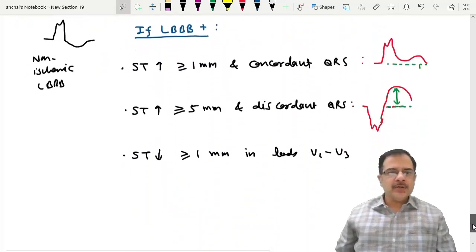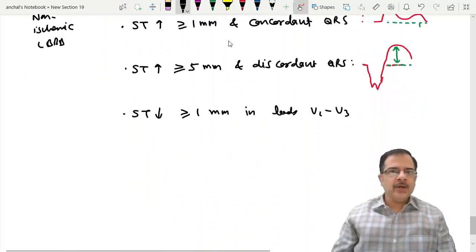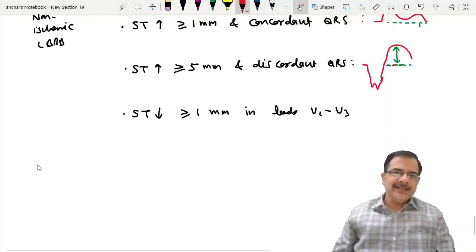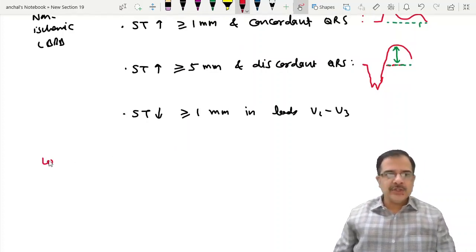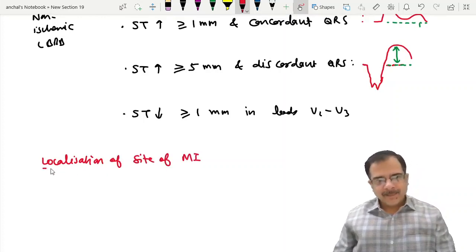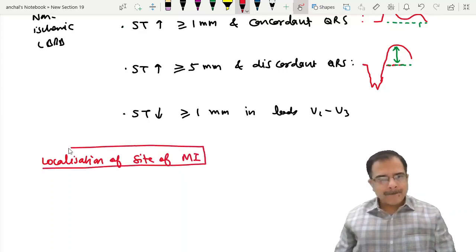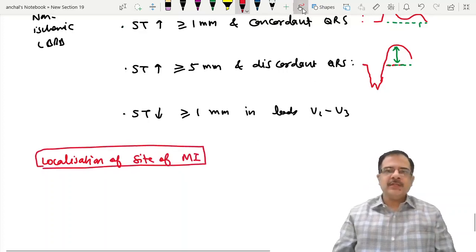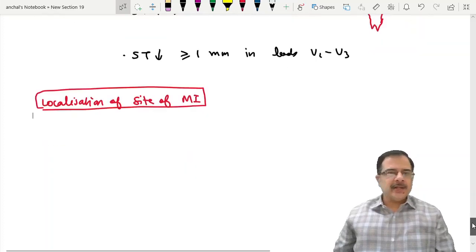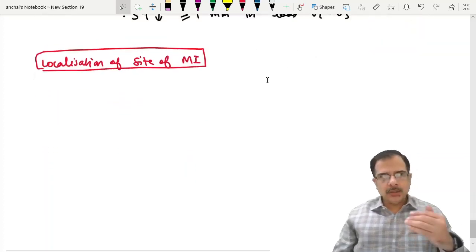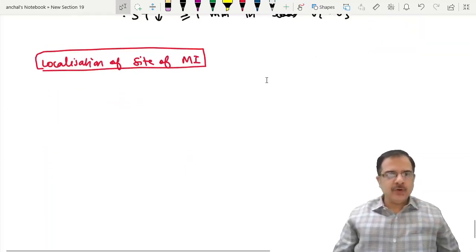Now the second important question which you will be assessing in your emergency is the localization of the site of MI and the artery which is involved there.